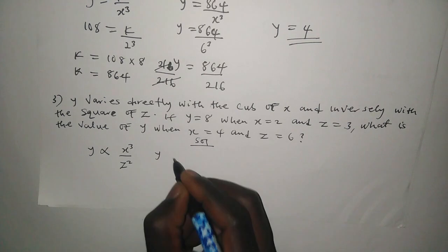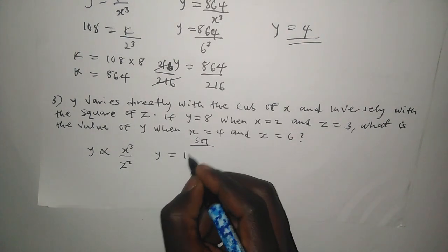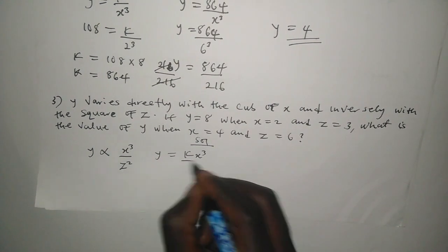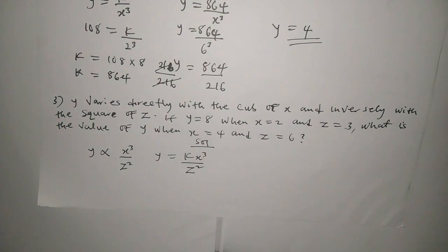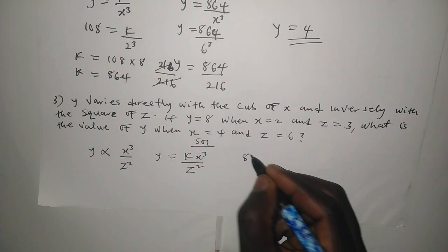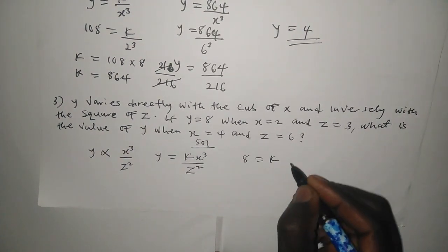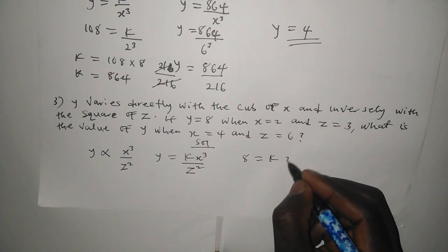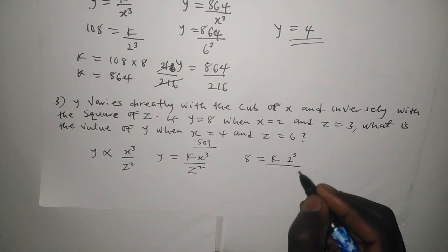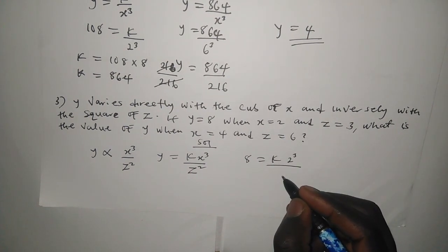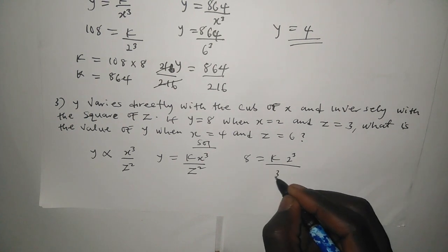So y is going to be equal to kx cube all over z square. Now, y is 8, x is 2 and z is 3. So 8 equals k times 2 raised to power 3 all over 3 raised to power 2.